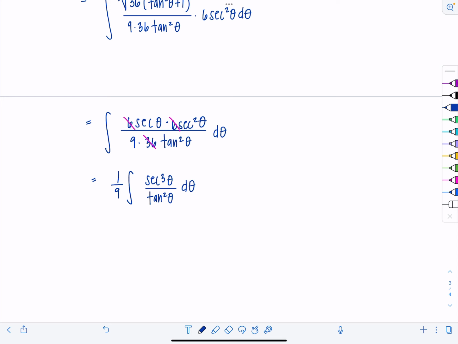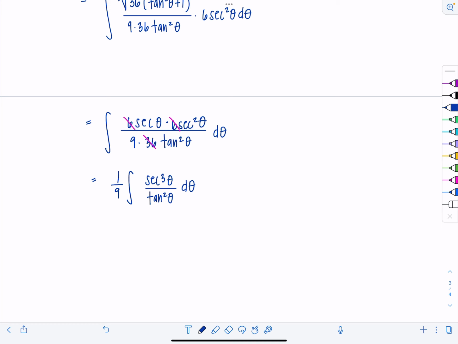Okay, so now you're going to have to think back to one of the previous lessons where you learned how to deal with trigonometric integrals. And most of the cases that we worked with have to deal with if the power on secant is even or if the power on tangent is odd, how to break it up appropriately. But you might be noticing that this is tricky because we've got the tangent squared in the denominator and we have a secant cubed in the numerator.